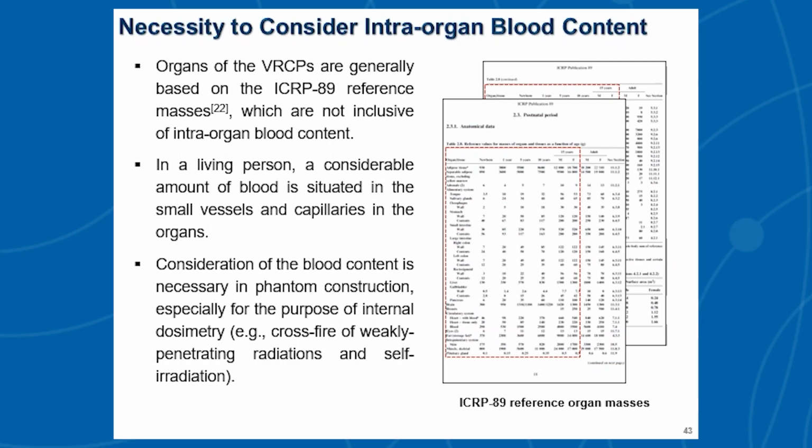But in a living person, a significant amount of blood content exists within the organs, and if this is not considered, the organs can be defined smaller than they actually are. And this can lead to significant differences, especially for internal dosimetry. So just like we did for the adult mesh phantoms, we also account for the blood content in the pediatric mesh phantoms.